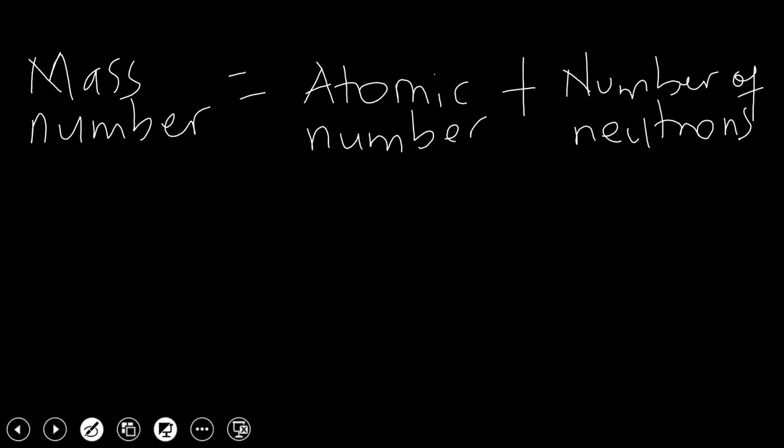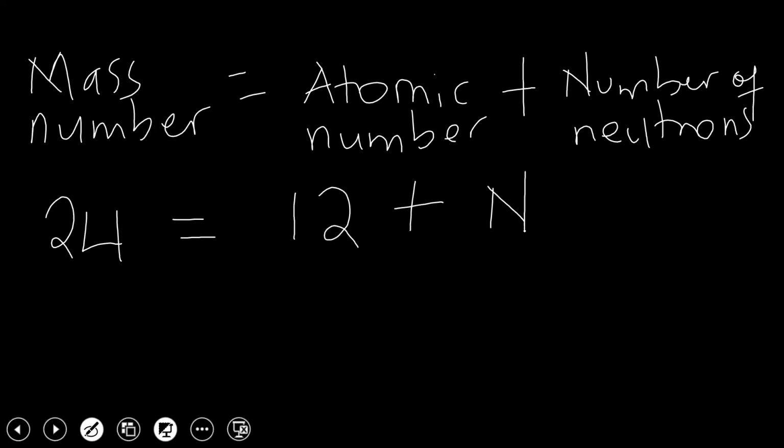So this is the formula I gave you. Mass number is equal to atomic number, which we explained is the number of protons in the nucleus of an atom, plus the number of neutrons. In the question, they have given us the mass number is 24, equal to atomic number, 12, plus number of neutrons, which we call n.